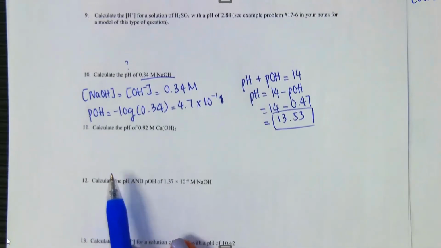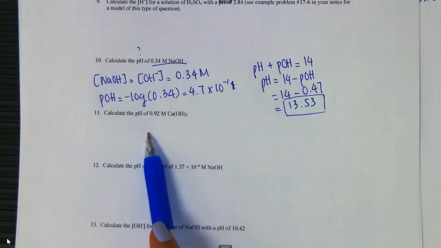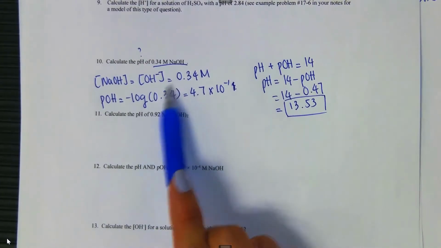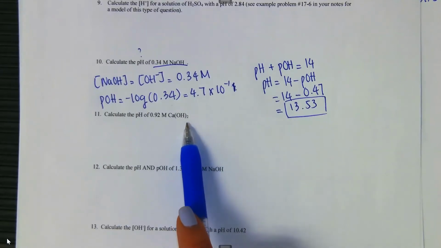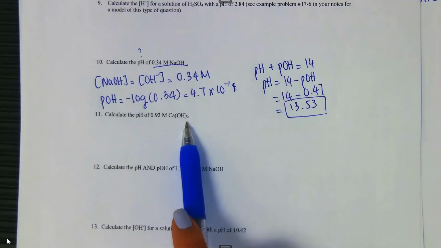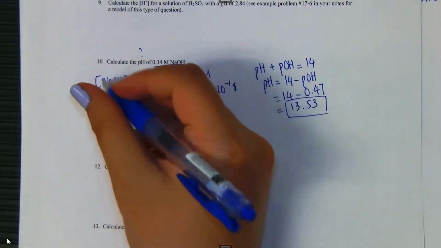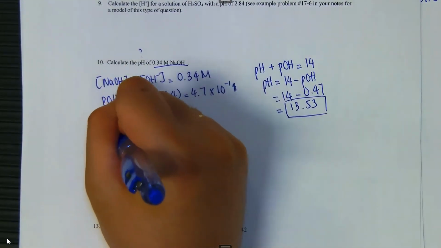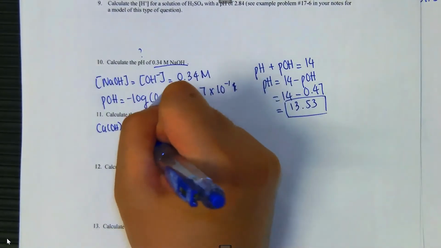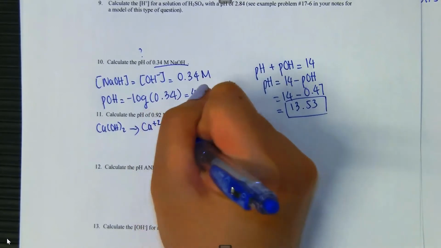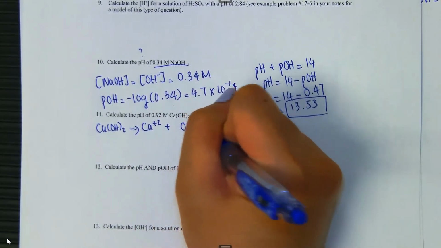Now, number 11 is similar to number 10, except, take a look. There are 2 of the hydroxide ion. Now this changes our calculation a little bit. When calcium hydroxide dissociates, here's the dissociation reaction, it dissociates into calcium 2+ and OH minus.